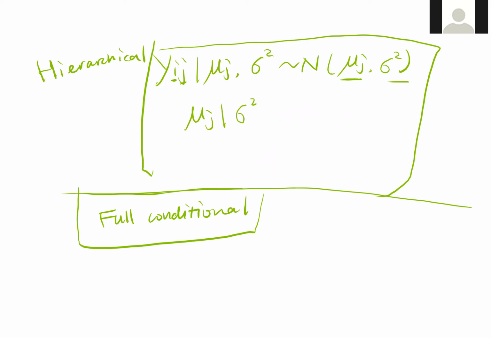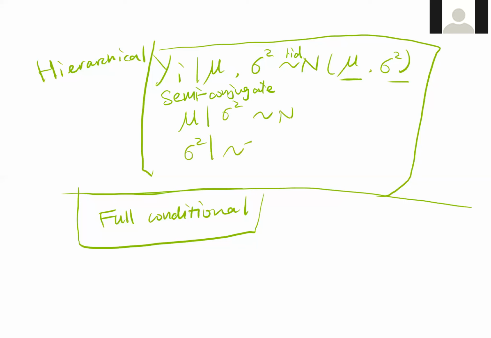Yeah. So in this case, the model was set up in a hierarchical way, but if you remember, the simplest model that we ever did with the normal was IID observations. We did multiple versions, right? One version was the semi-conjugate. That was mu given sigma squared is normal, and then sigma squared itself is inverse gamma, right?